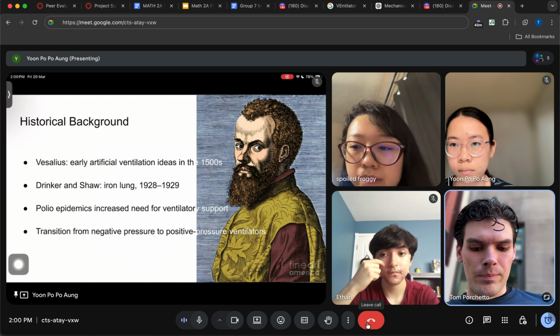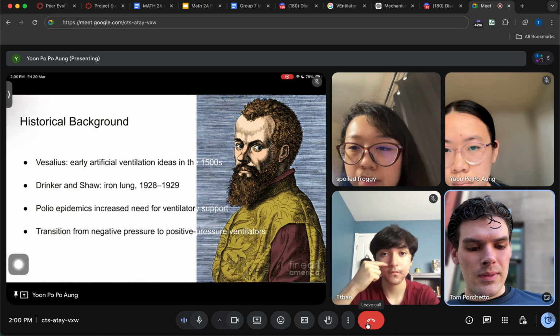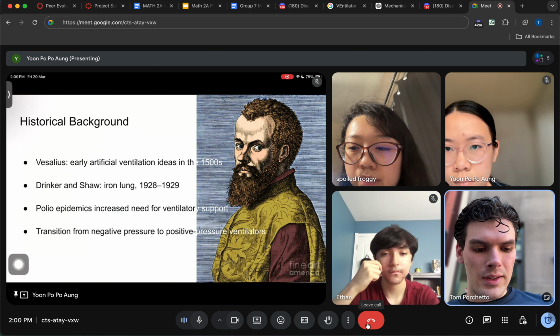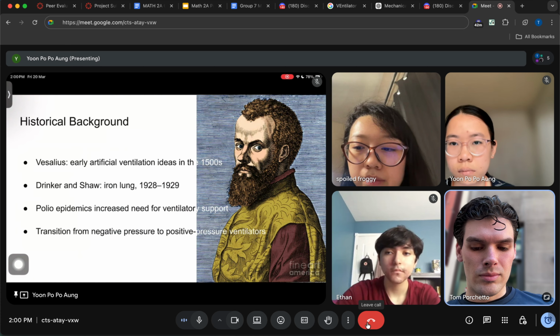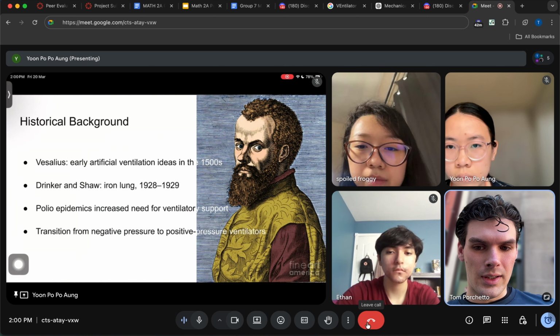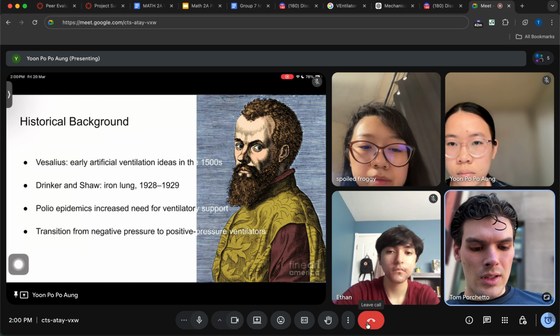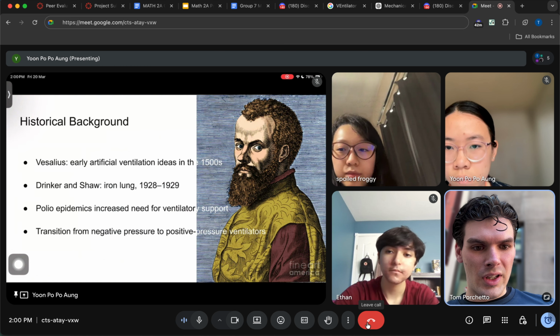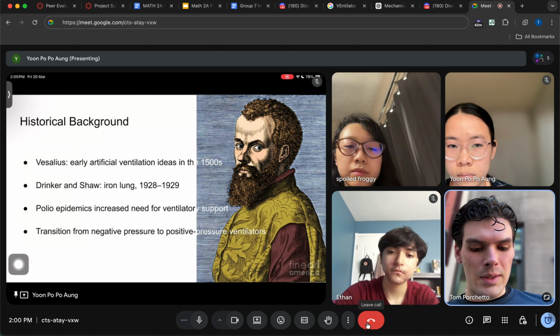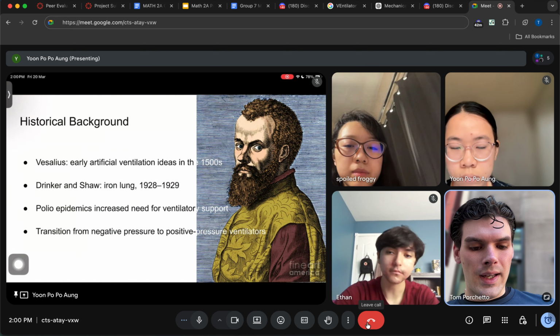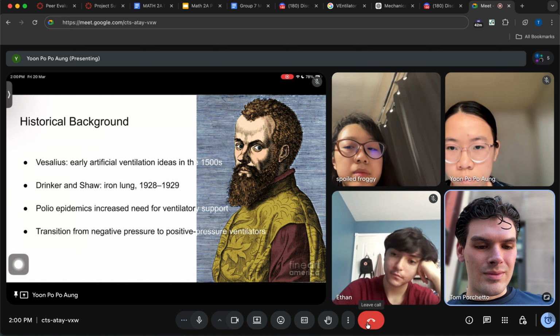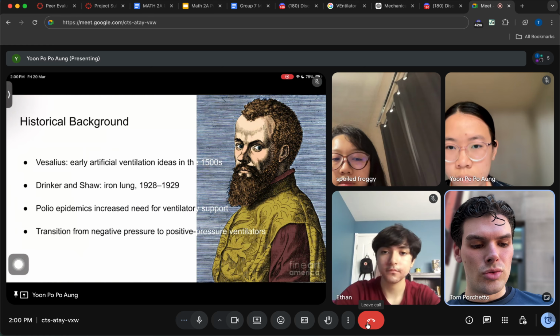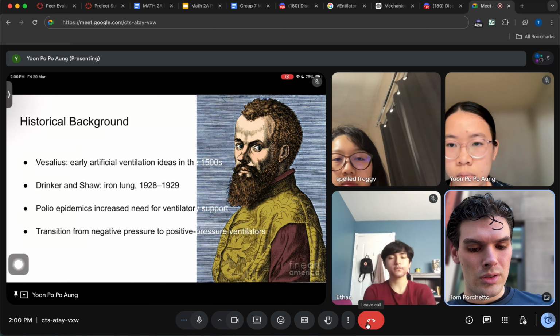The history of mechanical ventilation goes back much further than modern hospitals and modern medicine. We start with Andreas Vesalius in the 1500s, when he showed that breathing could be artificially supported by inflating the lungs.